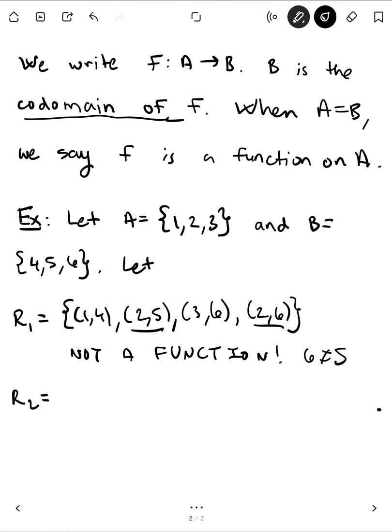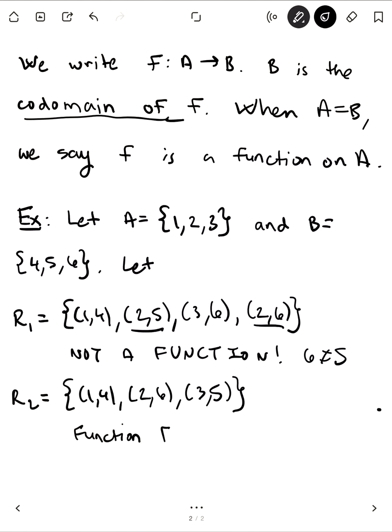R2. Let's say that's (1,4), (2,6), and (3,5). Okay, this is a function from A to B. What should we call R3?